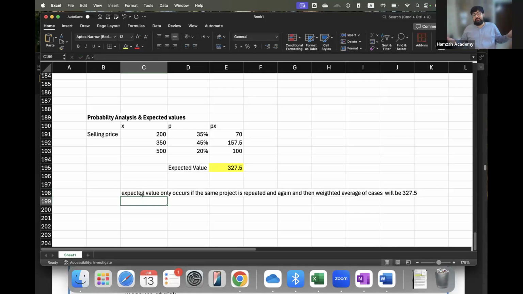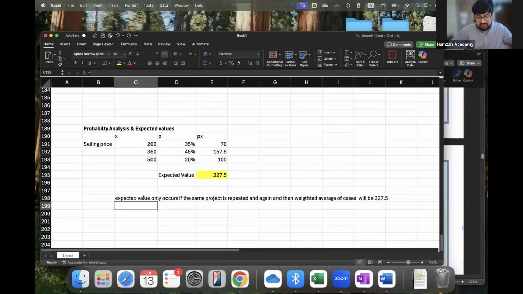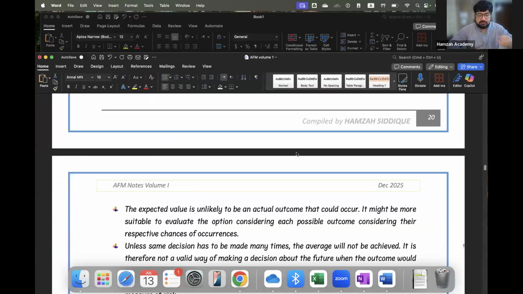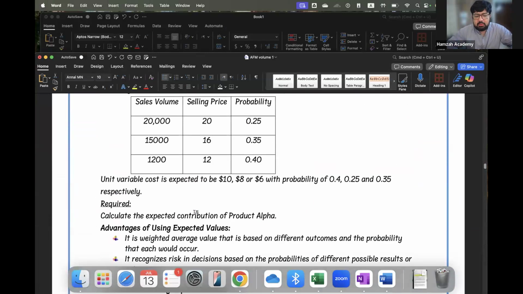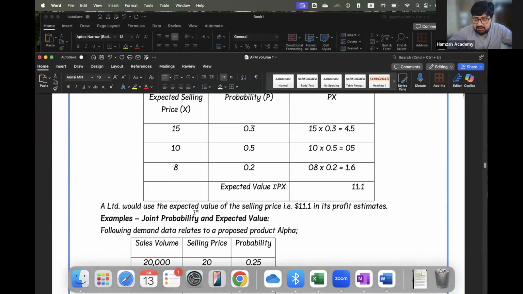And that doesn't happen. A project is normally one-off; they're not repeated actually. So this assumption is a major drawback. This is the problem with the expected value.